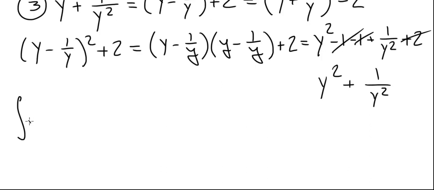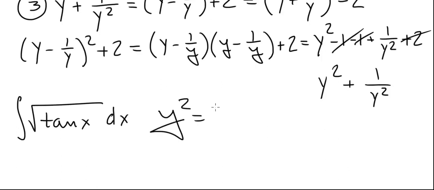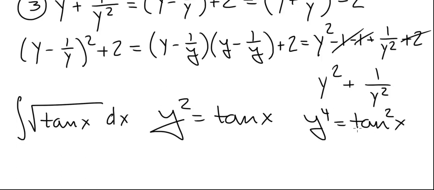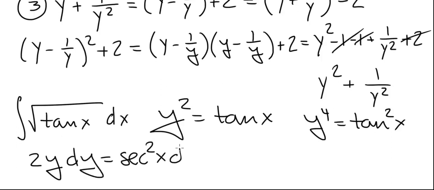So now let's return to the integral, which is the square root of tangent of x. Our substitution is going to be y squared equals tangent of x. If I square both sides, we get y to the fourth equals tangent squared of x. And differentiating, we get 2y dy equals secant squared x dx. From the trig identity, 1 plus tangent squared of x equals secant squared of x.